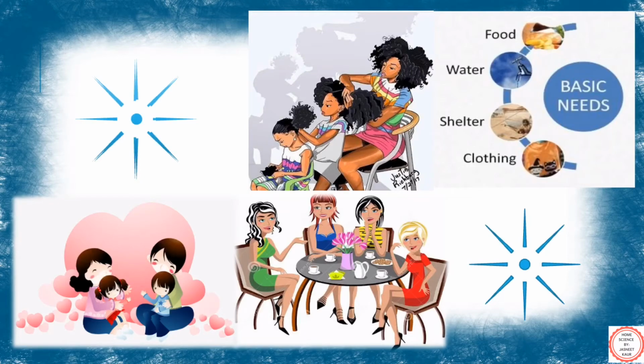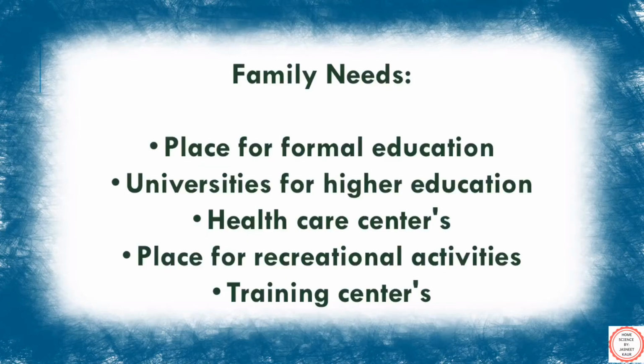If I talk about exactly what a family needs, it definitely needs a place for formal education for the children, like schools, universities for higher education, healthcare centers which include good hospitals and health clinics, and places for recreational activities. The meaning of recreation is doing those activities which rejuvenate, which bring back your energy or which make you happy.